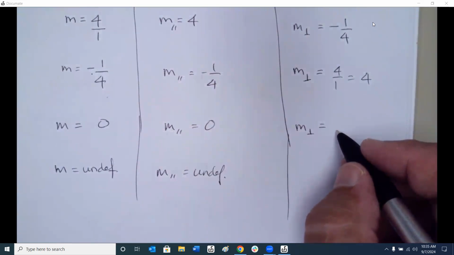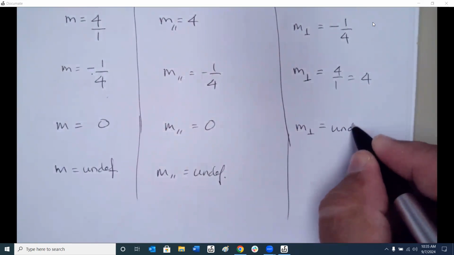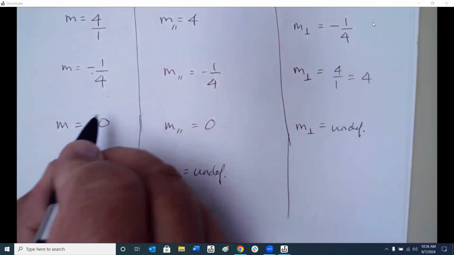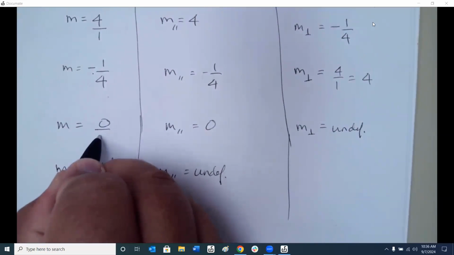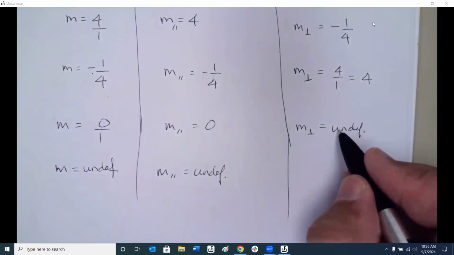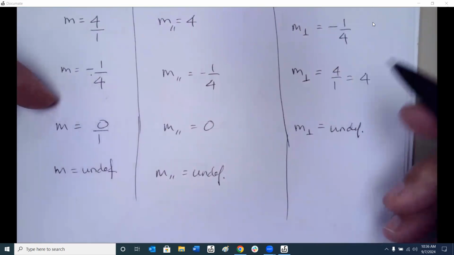So what's that slope? Very good. Now, why is it undefined? Because 0 is 0/1. To make it a perpendicular line, I have to flip it.